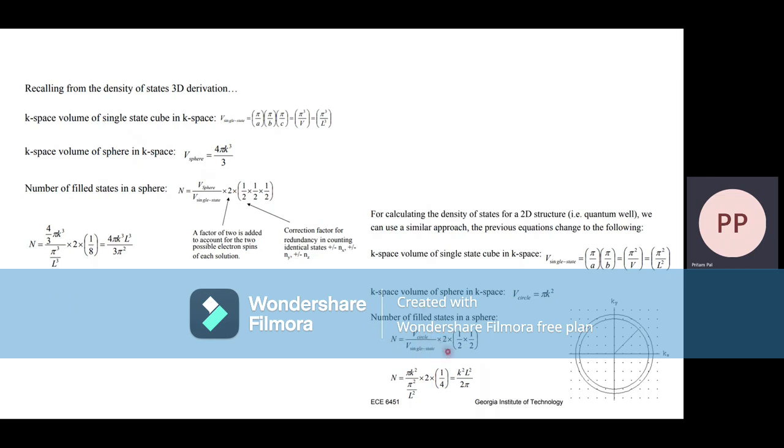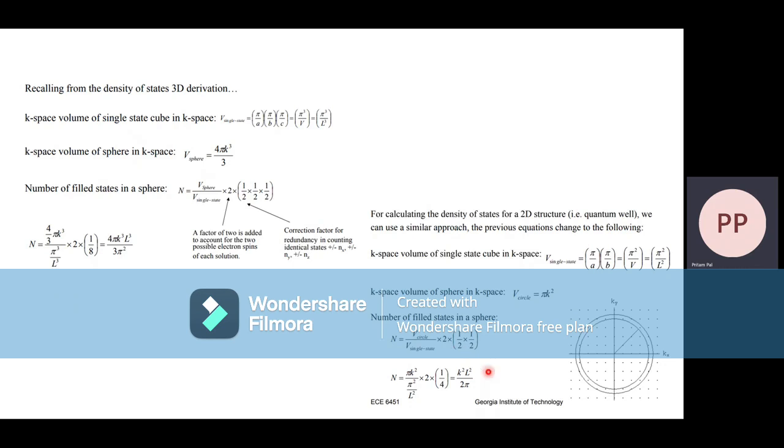And again, we have some other factors which will be multiplied with this. The two is coming from the fact that the electron has a spin degeneracy of two, plus minus spins, and the half factor is coming from the integer degeneracy, like plus minus nx and plus minus ny.